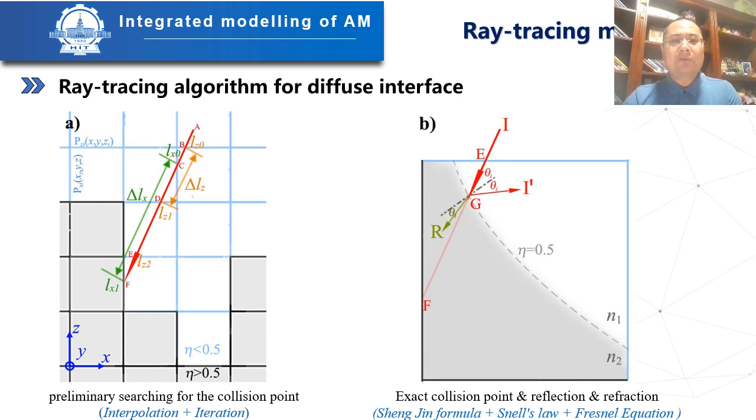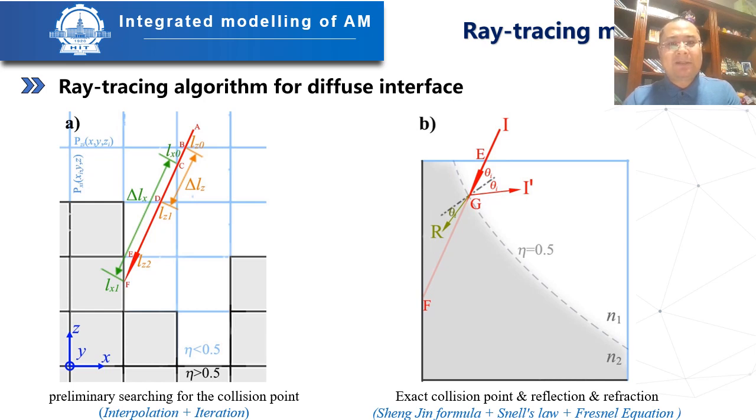We have also devised a specialized ray tracing model tailored to the diffuse interface. Our approach involves a 2-step process. First, we employ interpolation and a simple iterative procedure to locate a preliminary collision point. As depicted in Figure A, solid or liquid elements are represented by gray cubes, while gas elements are depicted in white.